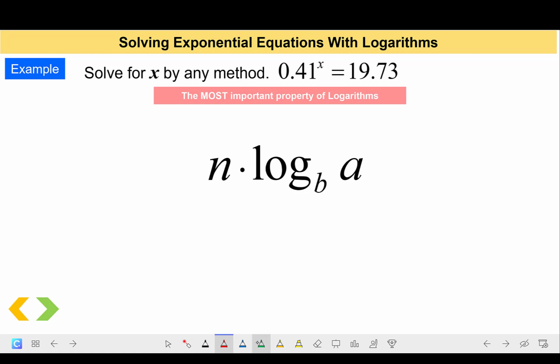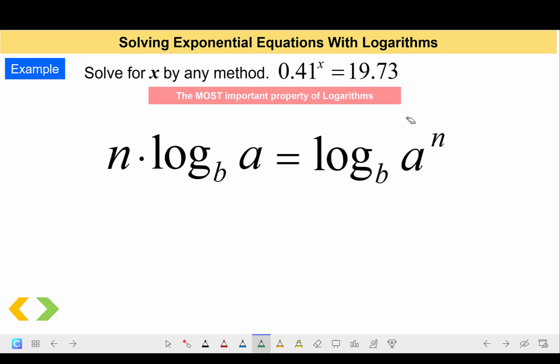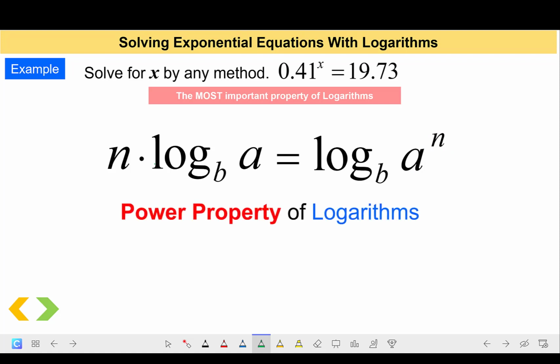In other words, this power is going to go down and then just be a factor. We really try to avoid ever writing this argument as a power unless we need to, but we like to bring this down and express this as a fraction. So we call this the power property of logarithms. Take a second and just write down this property.